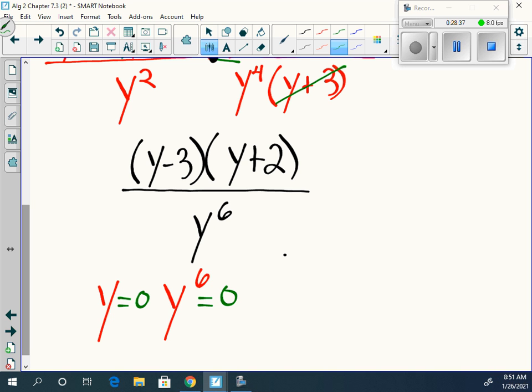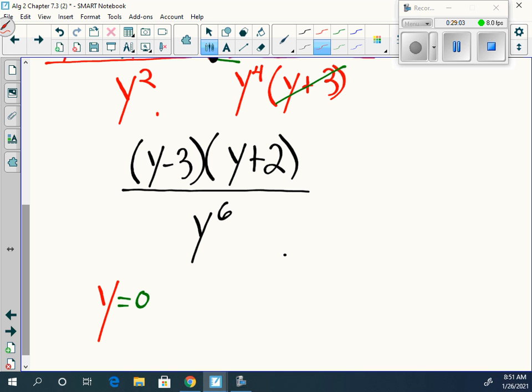Well, y equals 0. Okay, well, that's done, yes? What times itself 6 times would be 0? But still 0, yes? Because we're just multiplying it more than once. So really, y to the 6th and y, whenever we just have a variable by itself, no matter how many times we have it, 2 and 4, it's still going to be 0.